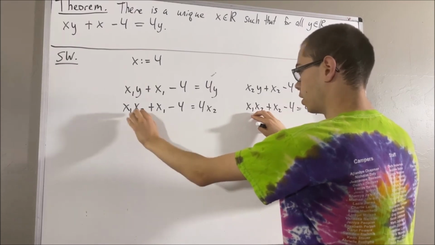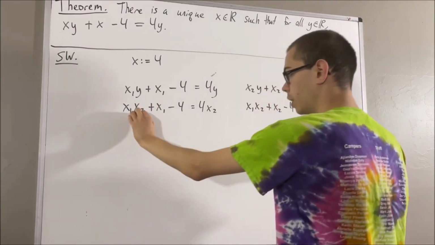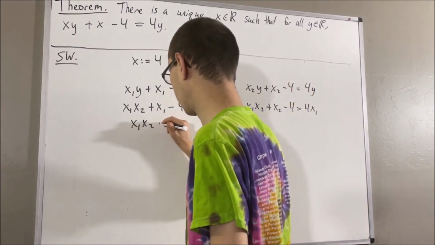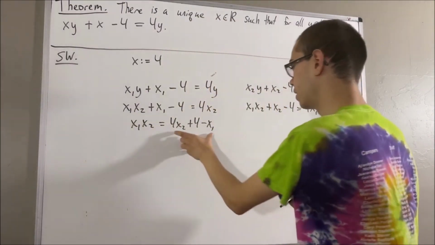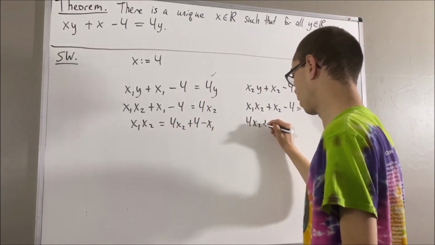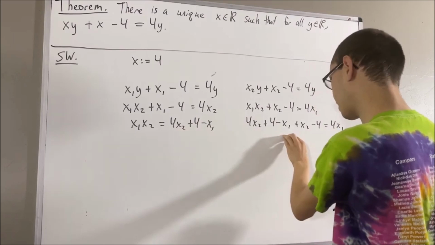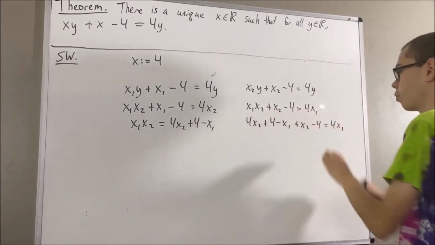So if we were to solve for x1, x2 here, we'll just add 4, subtract x1, and we'll take this and plug it into here. Let's see, did I do that correctly? That, and plus x2. Okay, yeah, we're good.